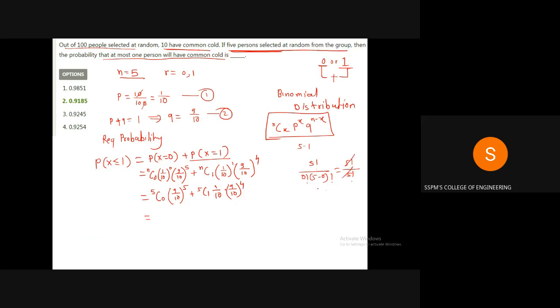So 5C0 is 1. And what is 5C1? 5C1 means 5 factorial divided by 1 factorial into 4 factorial, that is 5 minus 1, which is equal to 5.